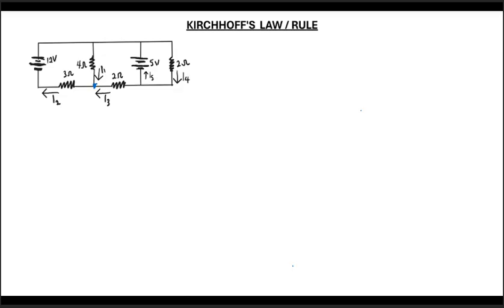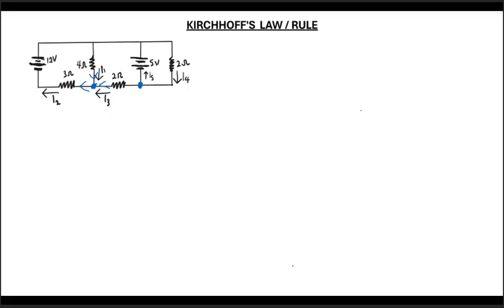The first thing is to pick the junctions. I can take this junction to denote my current, I can take this, I can take this. If I take these 2 bottom junctions and locate the direction of the current, I know that I1 flows in, I3 flows into this one, and I2 flows out, and goes all around into this one again.